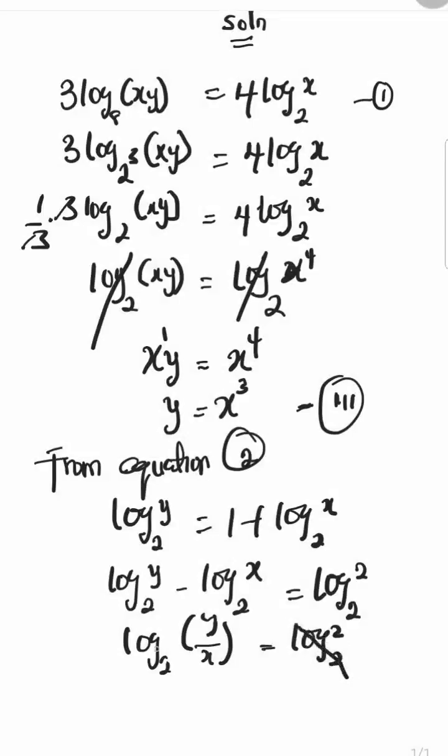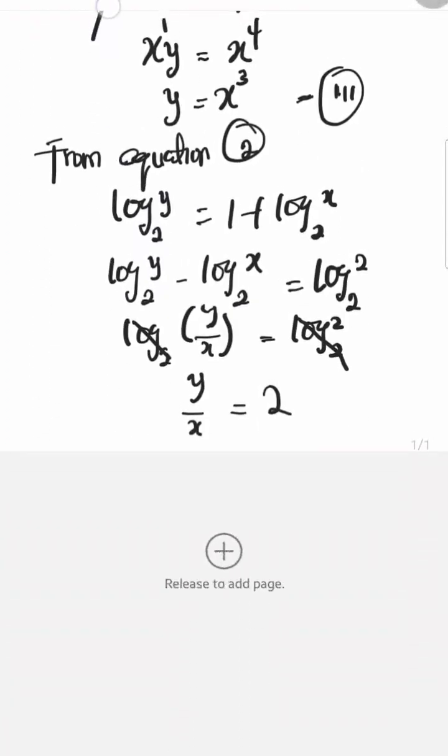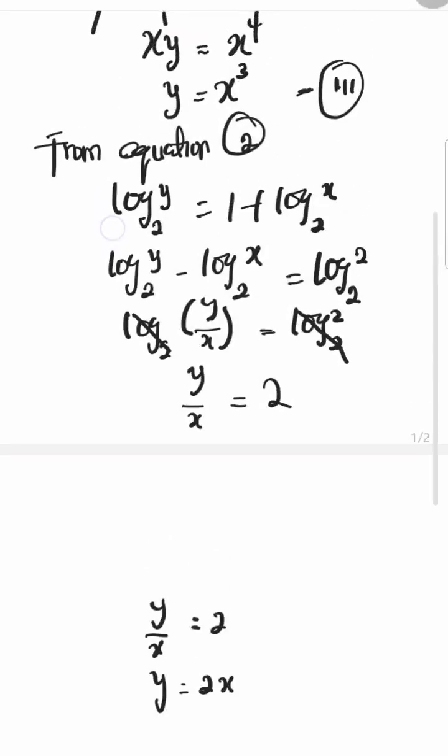So this cancels this, you're left with y over x equals 2. So we can write it as y equals 2x.